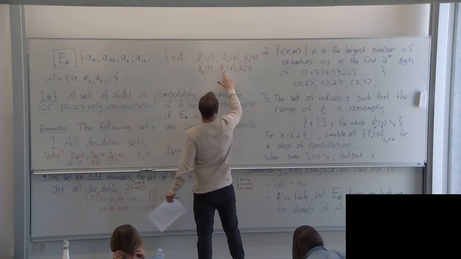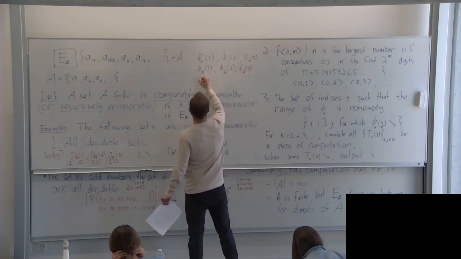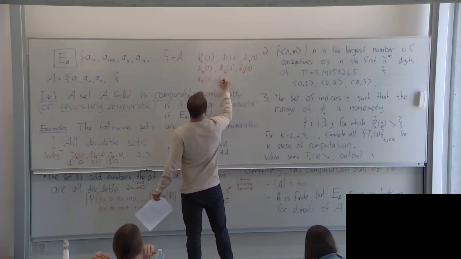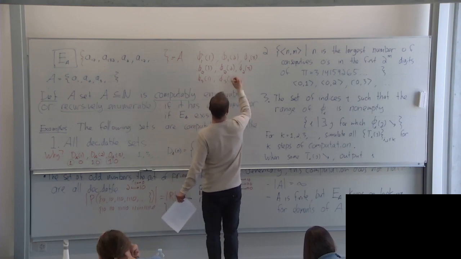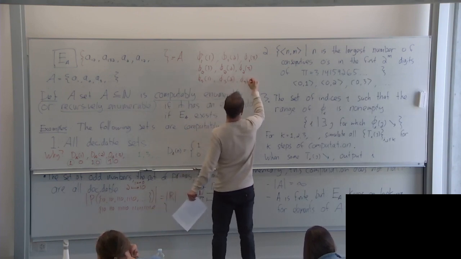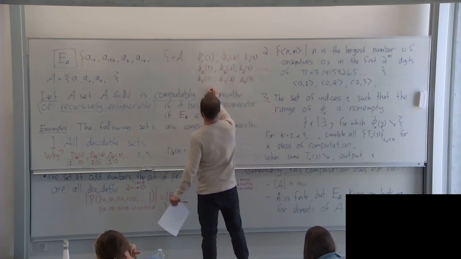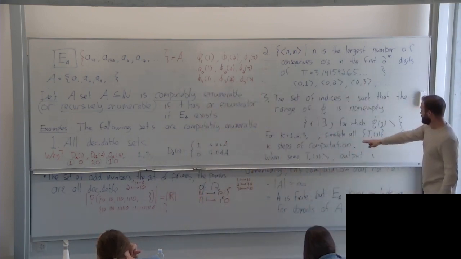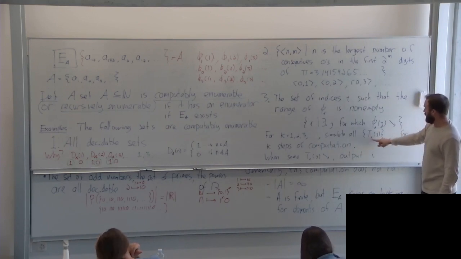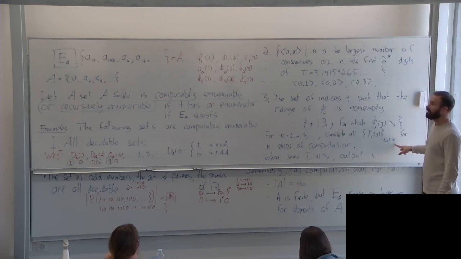My algorithm says simulate all T_i of j for i and j smaller or equal to 3.